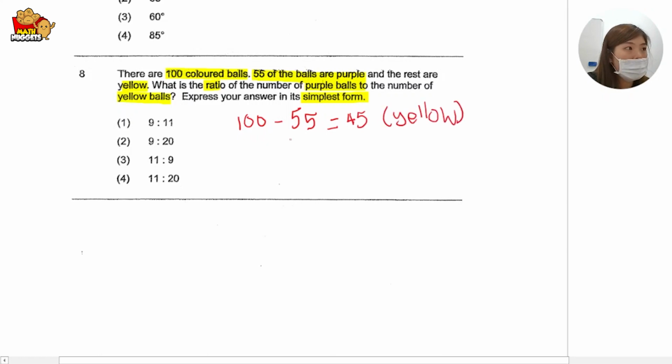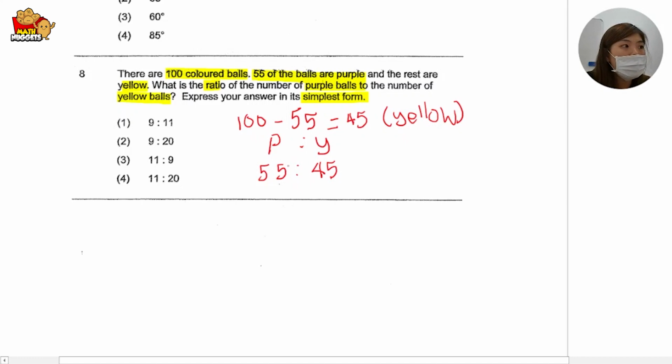Then next step, what is the ratio of the number of purple balls to yellow? Purple balls 55, yellow balls 45. And the last step is to express your answer in its simplest form.